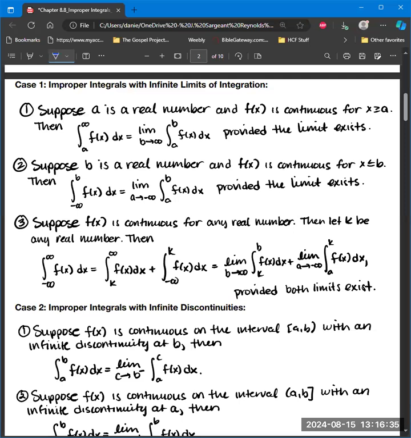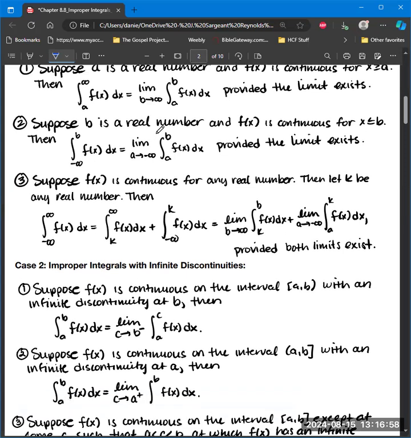What we're going to do is stick a dummy variable b in place of the infinity and take the limit as b goes to infinity of the integral from a to b of f of x dx, provided that the limit exists. We're going to evaluate this in terms of b with the fundamental theorem of calculus, and then find that limit and see if it exists.